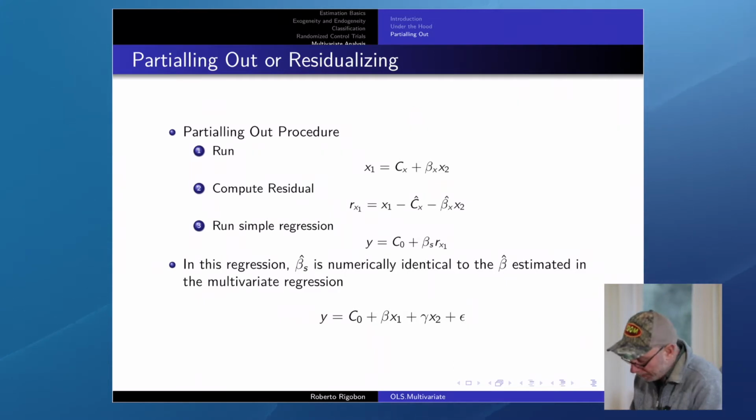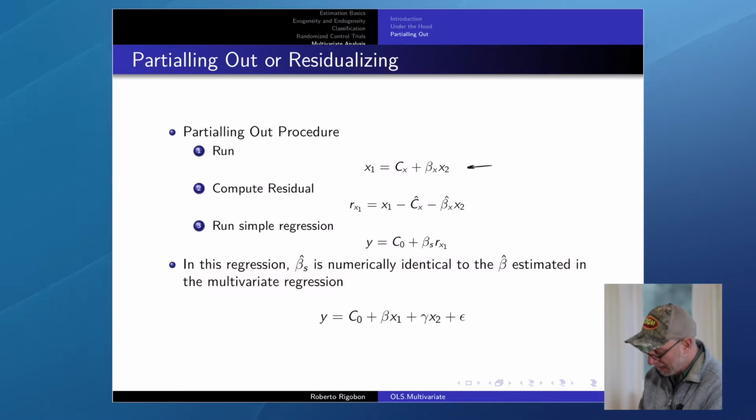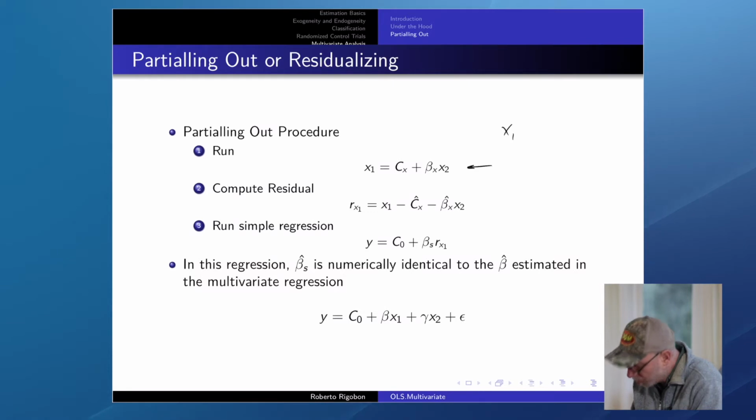So this is a procedure that I would like to just state and show you more or less what happens. I'm going to take x1 and run a regression between x1 and x2. I just created some coefficients, cx and beta x, and we know that if I run that regression, I'm going to have two aspects. That x1 will be decomposed into parts: the predicted part and the residual part, okay?